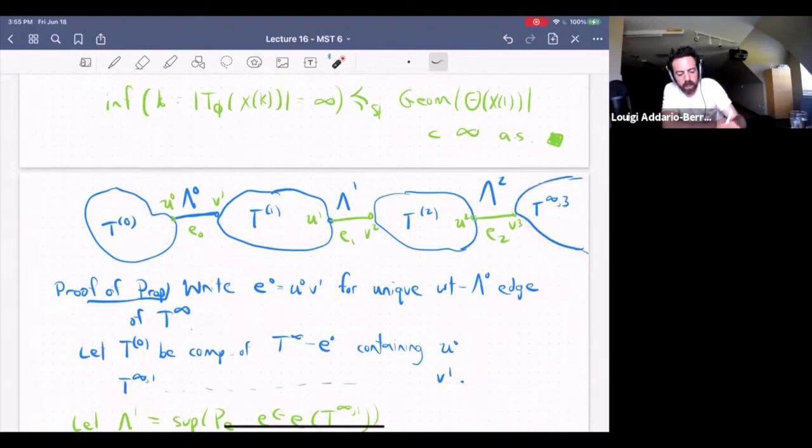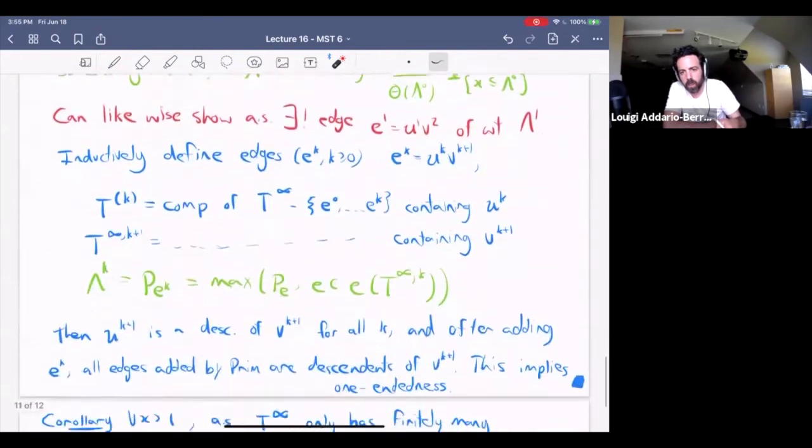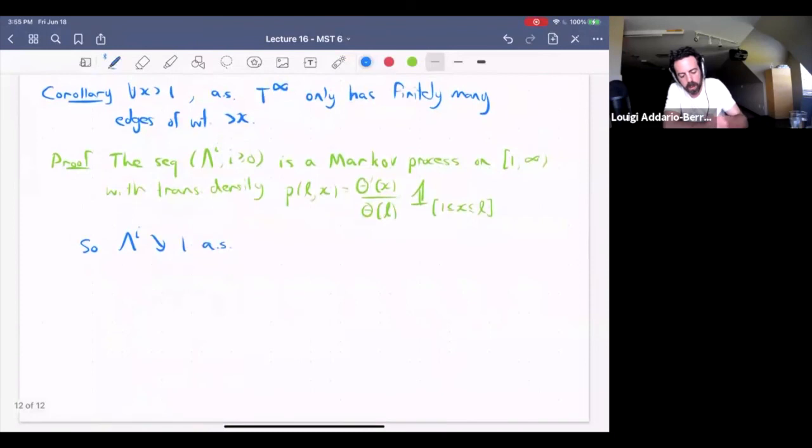Well, theta just has slope 2 near the critical value 1. So once you get close to 1, the amount you can lower the parameter and stay infinite is a uniform fraction of the remaining gap between x and 1. So you're basically cutting the distance to 1 by a uniform factor at every step, and this sequence tends down to 1.